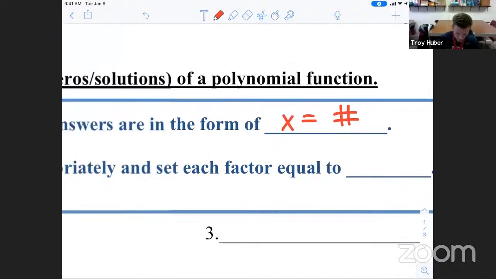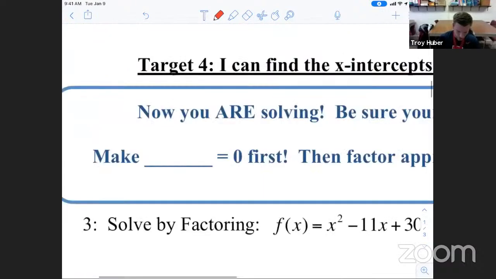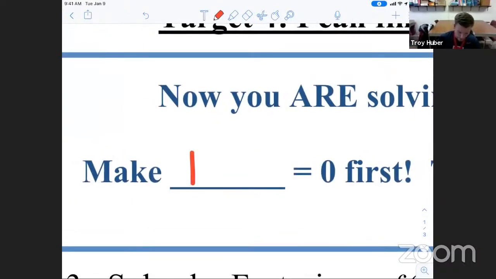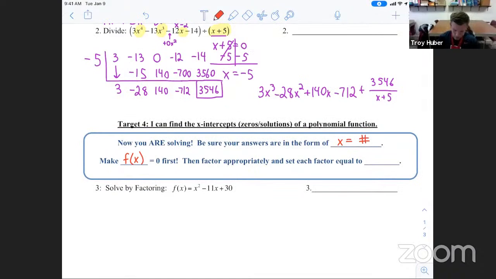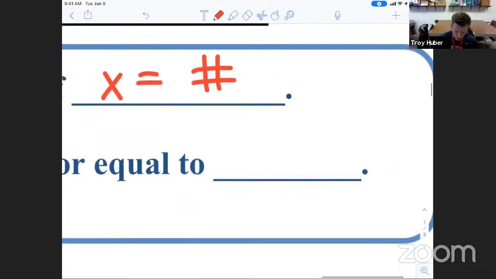So the first thing we're going to do, we're going to make f of x equals 0. And then we're going to factor appropriately and set each factor equal to 0.